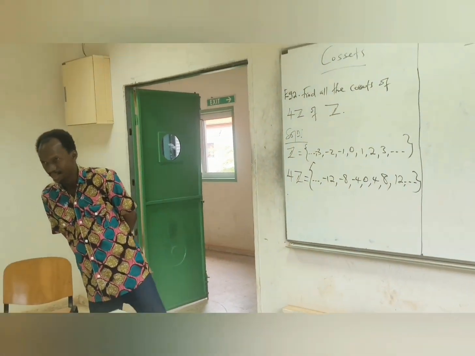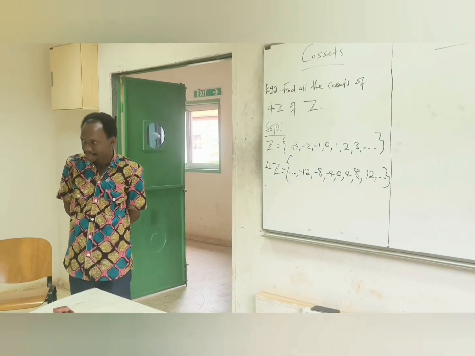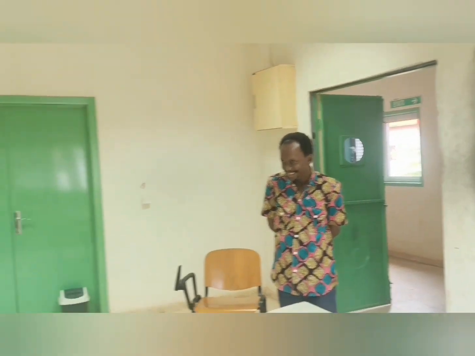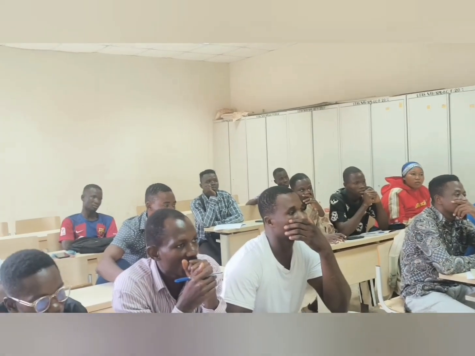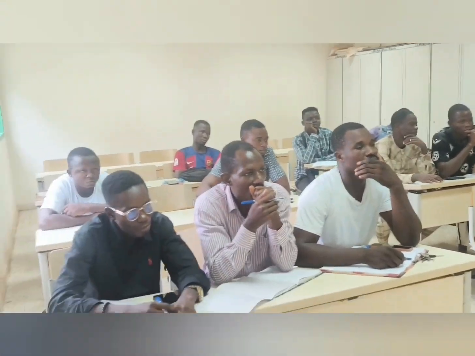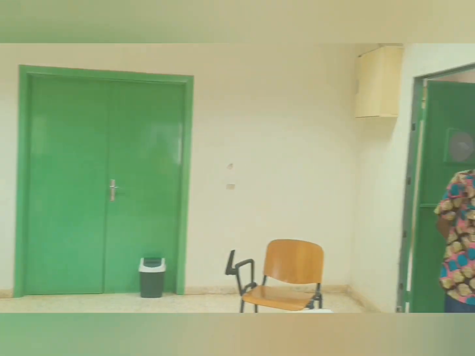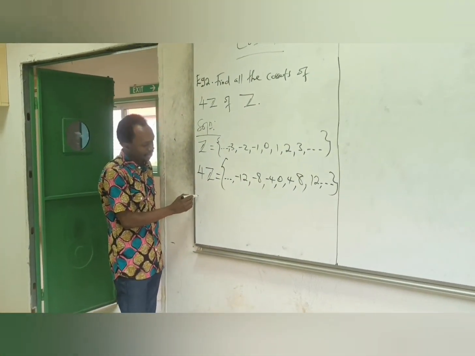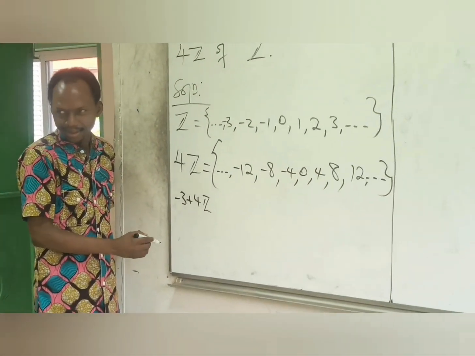Do you necessarily need to start from negative 3? No, you don't necessarily need to start from negative 3 to be able to obtain the values. Somebody said we should do negative 3 plus 4Z. Then what will be the next one?